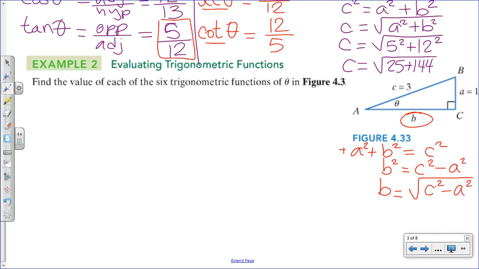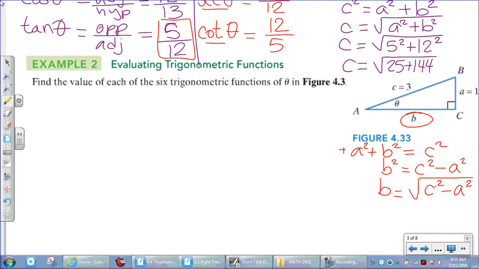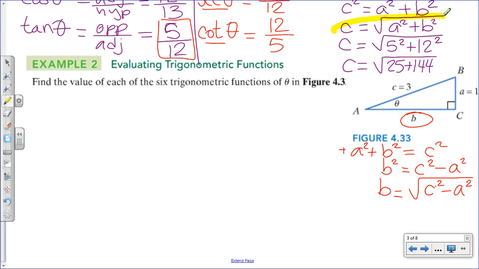And I just want to point out that this is one of the most common mistakes that I see sometimes on exams. When you are trying to find c on a right triangle, the hypotenuse, you must do the square root of the addition of a squared plus b squared.